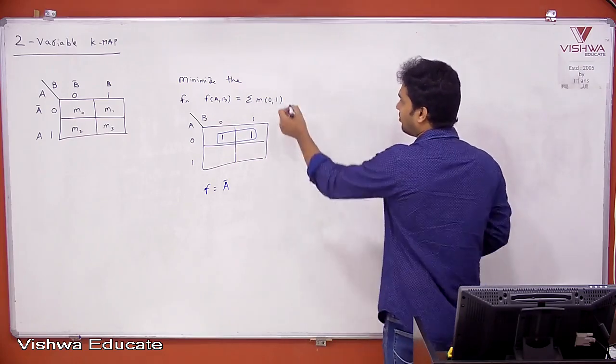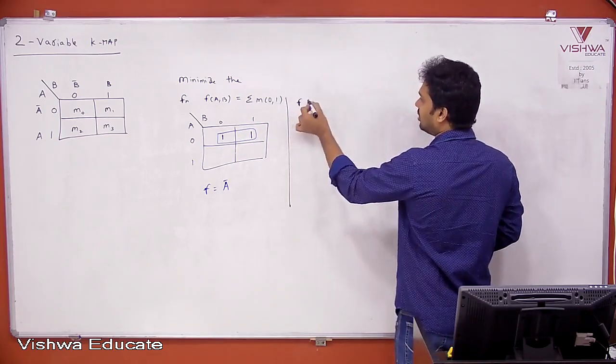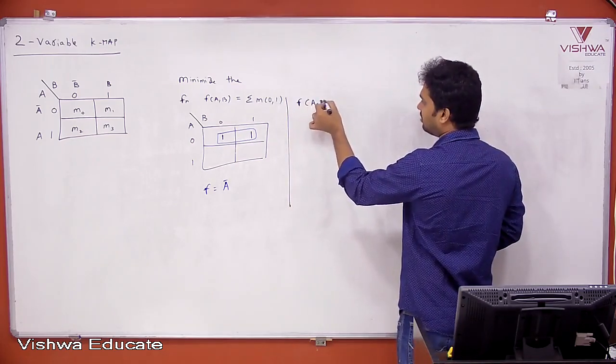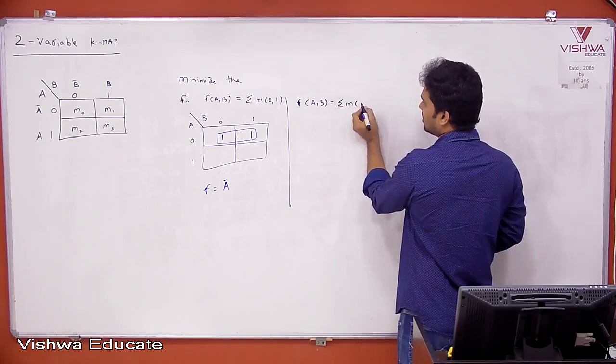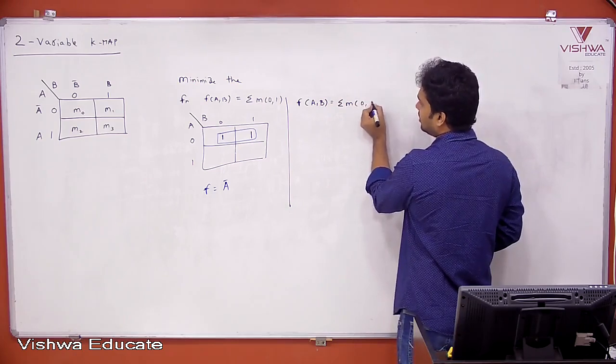So let me take one more example. F of AB equal to sum of the minterms, say for example 0 and 2.